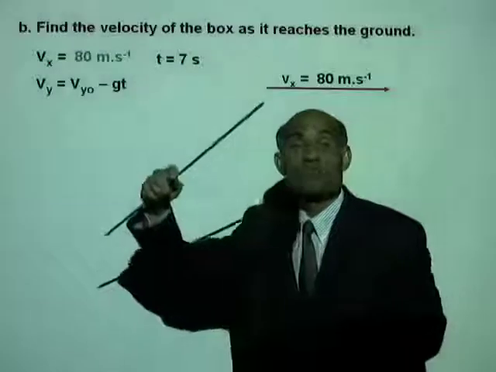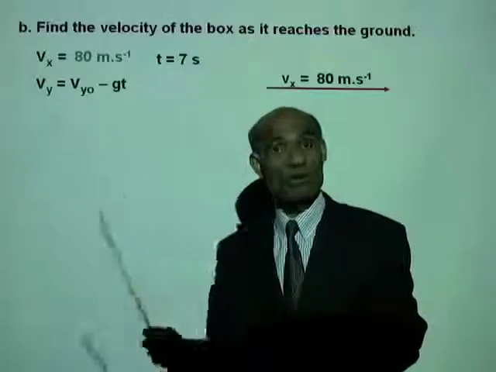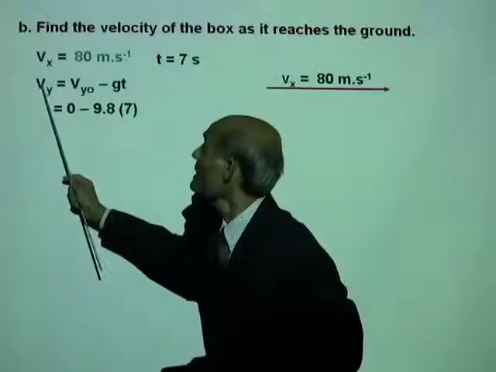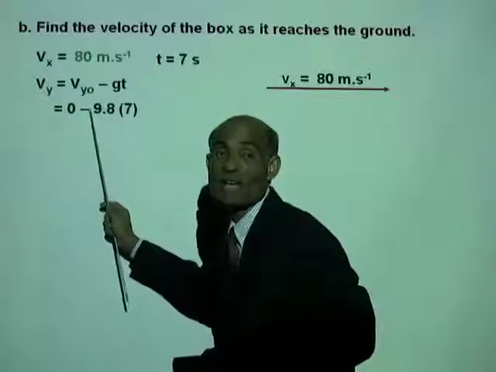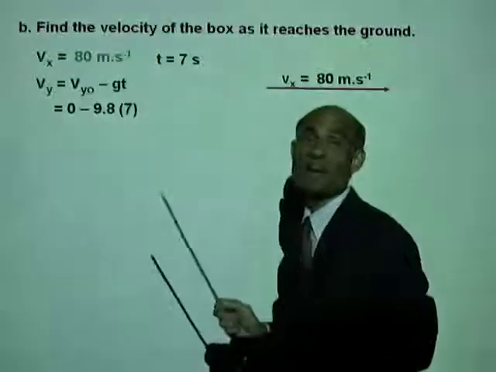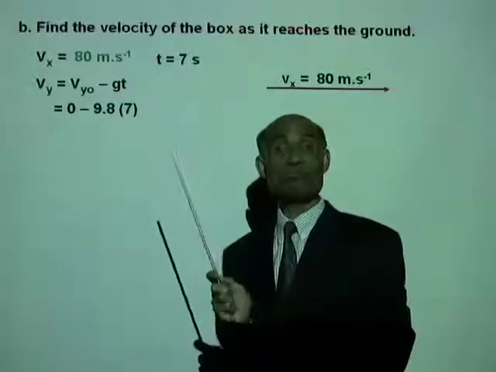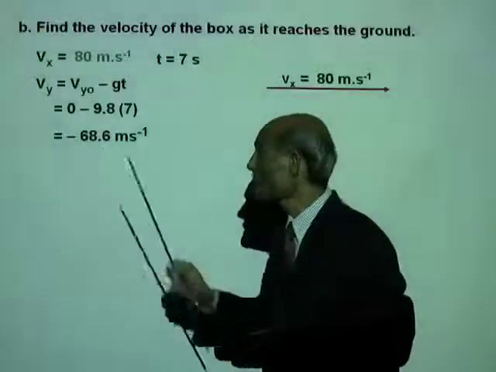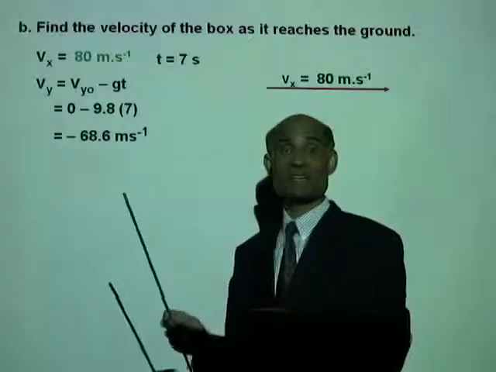What is the initial vertical velocity of the dropped box? It is 0. Therefore, Vy equals negative gt, negative 9.8 times 7. We calculated the time taken by the box to fall. So that is negative 68.6 meters per second.